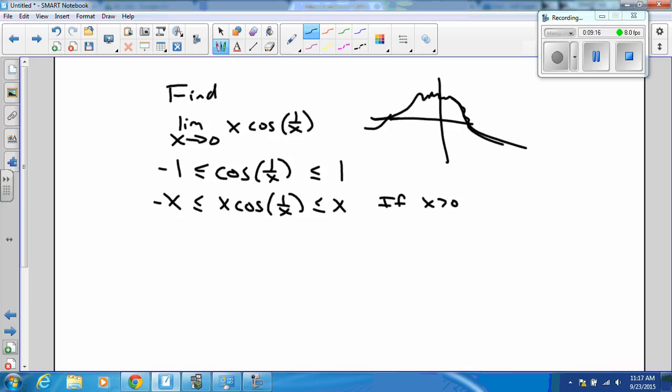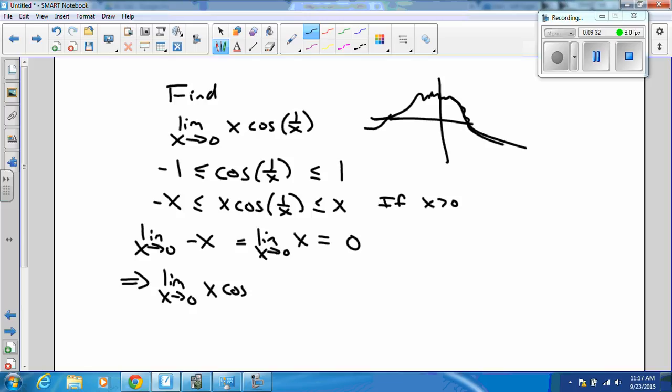And now I've got bounding functions, and lo and behold, as x goes to 0, both of my bounding functions go to the value of 0. Therefore, the interior function goes to 0 also. But that only works for x greater than 0, so I have to come back and I have to take the limit from the right only.